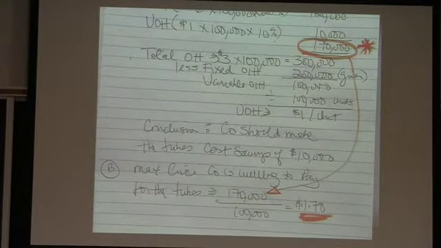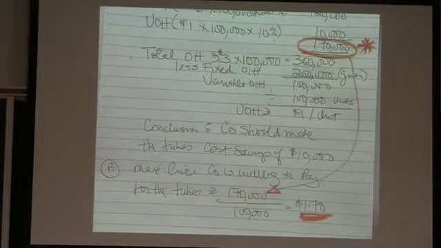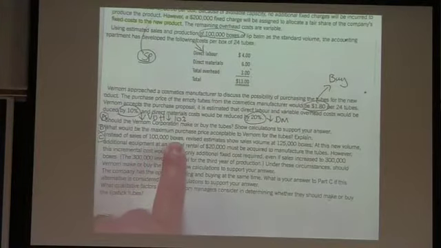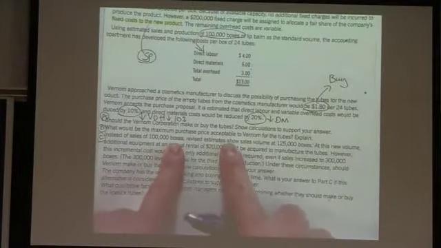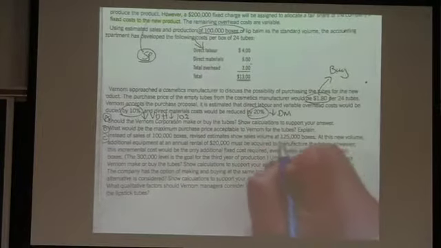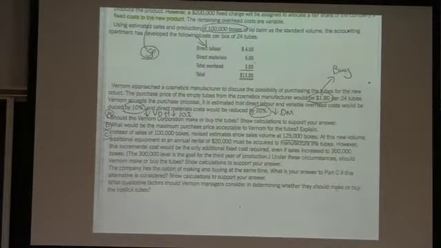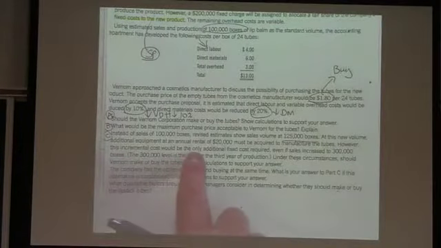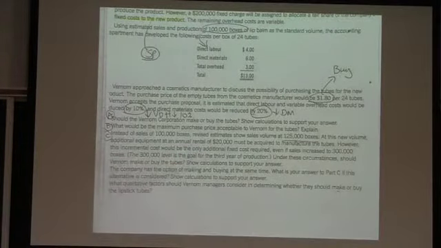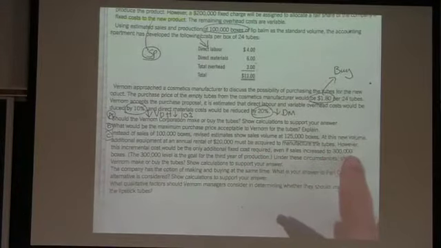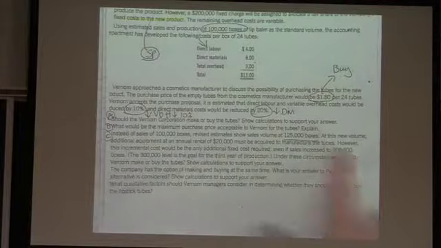Now, part C says, instead of sales of 100,000 boxes, a revised estimate shows that the sales volume is actually 125,000 boxes. At this new volume, this incremental cost would only be the additional fixed cost required, even if sales increased to 300,000 boxes.